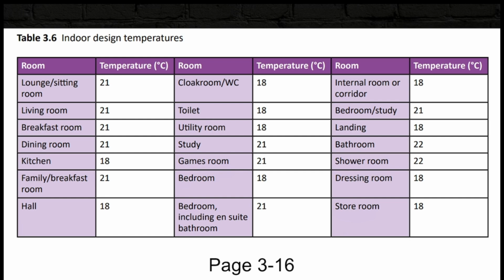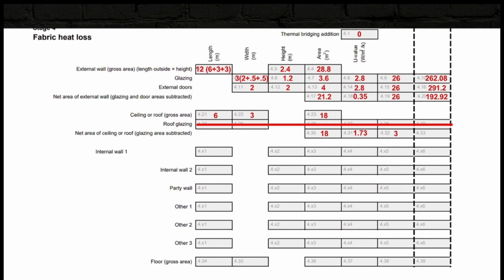And because our property was built in 1998, our target design temperature for a bedroom is 18 degrees. So the temperature differential is not 26, it is 3 degrees between the 21 degrees living room temperature and the 18 degrees for our bedroom.